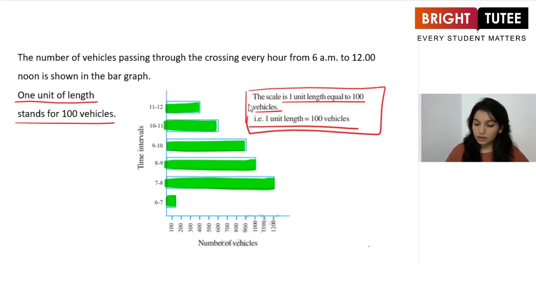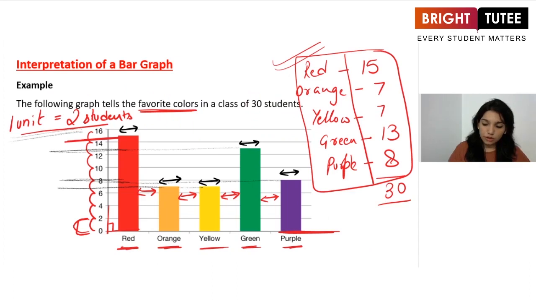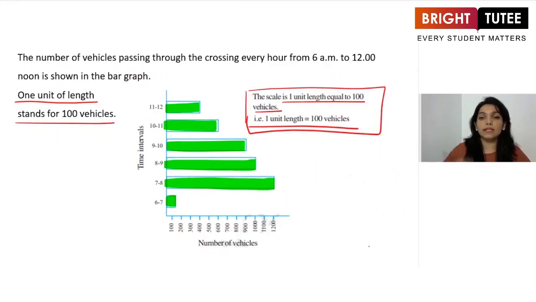Now earlier in this graph, we saw that the horizontal line was representing the preferences like red, orange, yellow, green. Now the opposite thing that we have done here is that this vertical line is representing the time intervals. That is 6 to 7, 7 to 8, 8 to 9, 9 to 10, 10 to 11 and 11 to 12. Because it was from 6 a.m. till 12 noon.